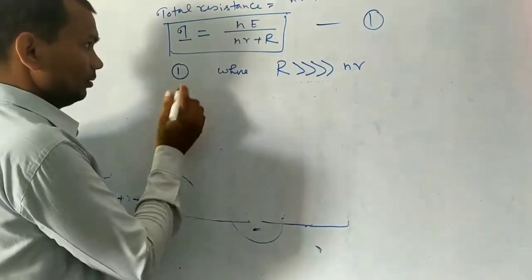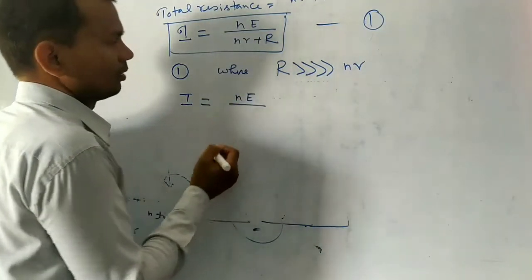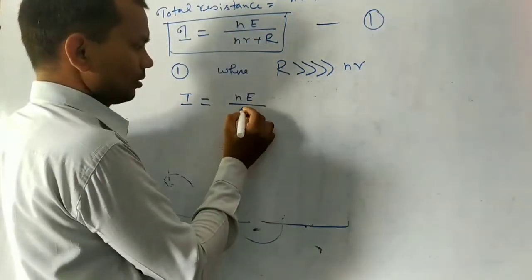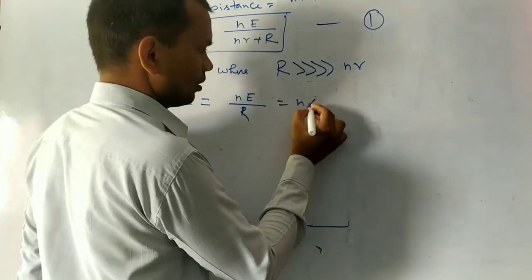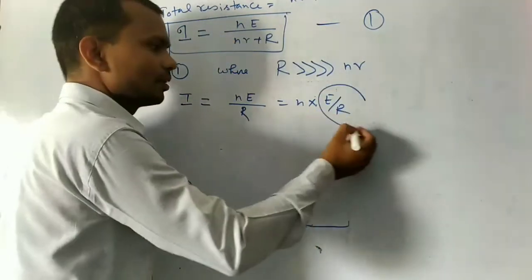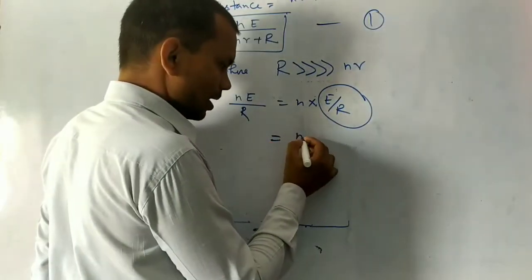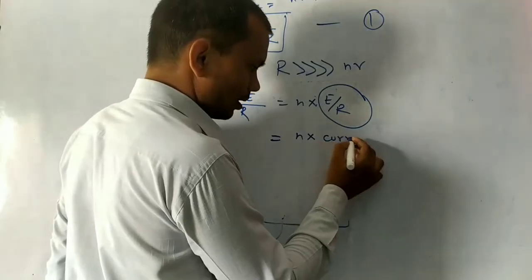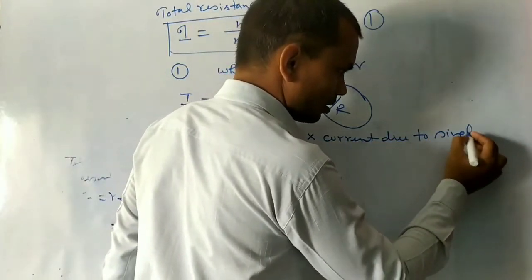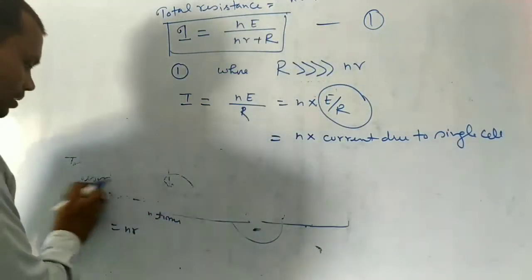So what we will get is I equal to nE upon R. This is the current due to a single cell, so this is n times the current due to a single cell. Now then, the second one.